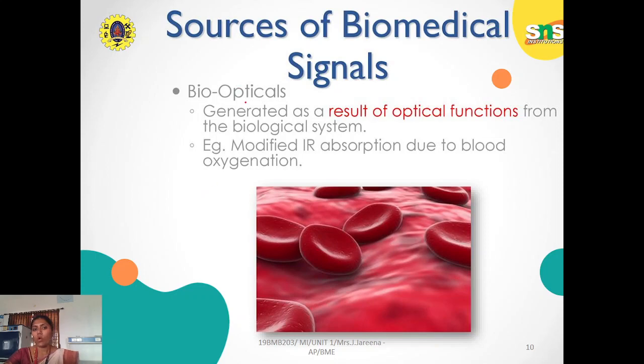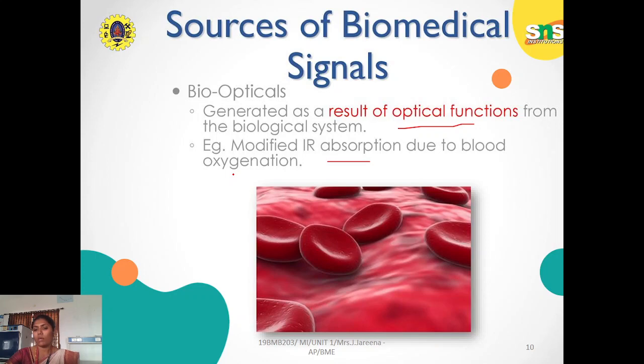Next is biooptical signals, which is again one type of biomedical signal. This type of signal is generated by certain biological systems which have optical characteristics. For example, the absorption property of blood. In blood we have RBC and WBC.